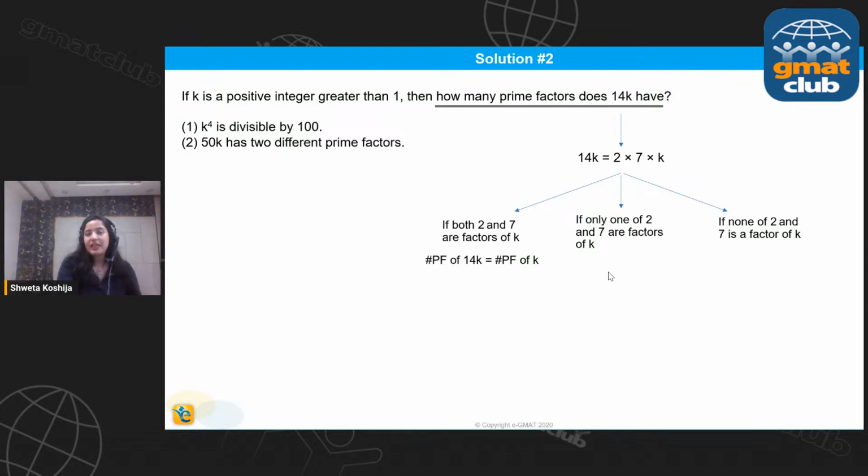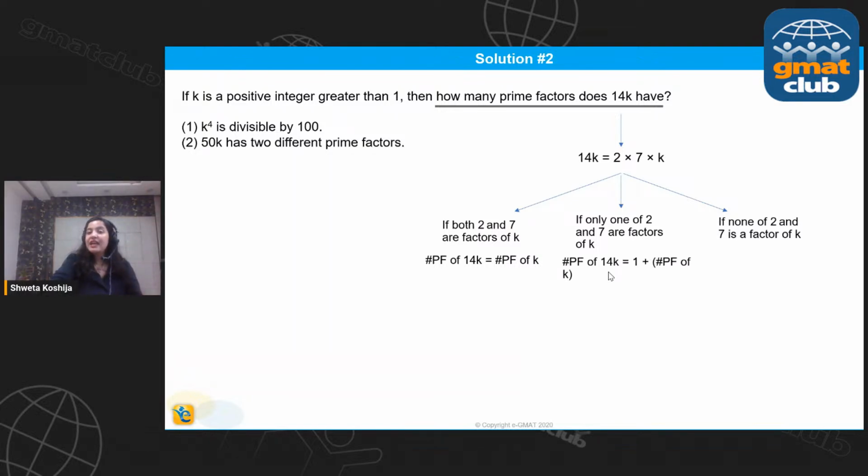Now, when I think about each of these cases one by one, look at the first one. If 2 and 7 both are already a part of K, the 14K doesn't have anything other than K, right? So, number of prime factors of 14K is the same as number of prime factors of K. In this case, it's just about finding K somehow.